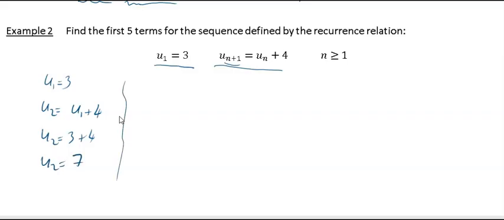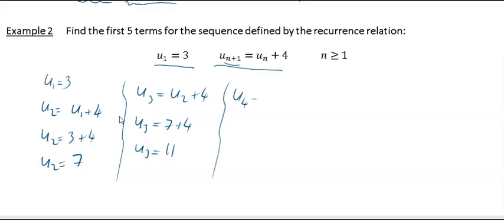Same idea, u3 is going to be equal to u2 + 4, so u3 is going to be equal to 7 + 4, so u3 is going to be equal to 11. u4 is going to be equal to u3 + 4, so it's going to be equal to 11 + 4, so it's going to be equal to 15.